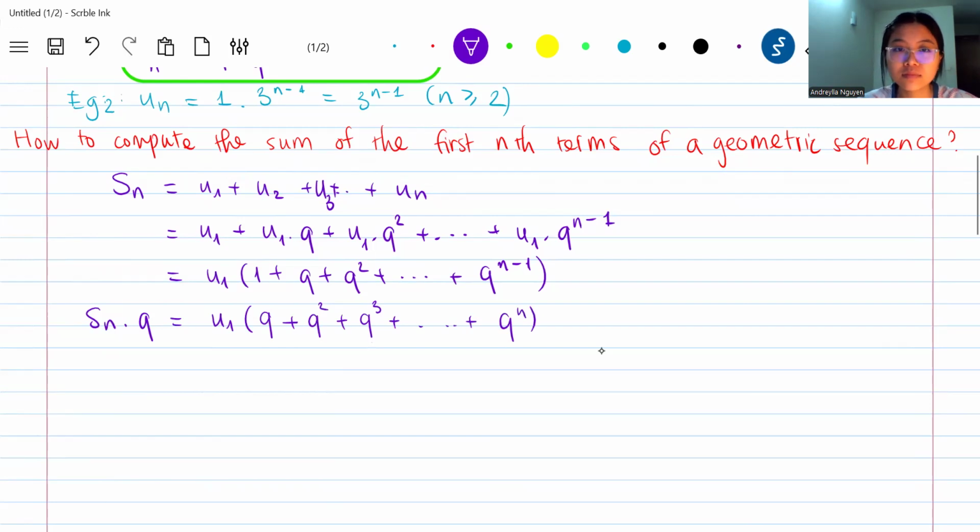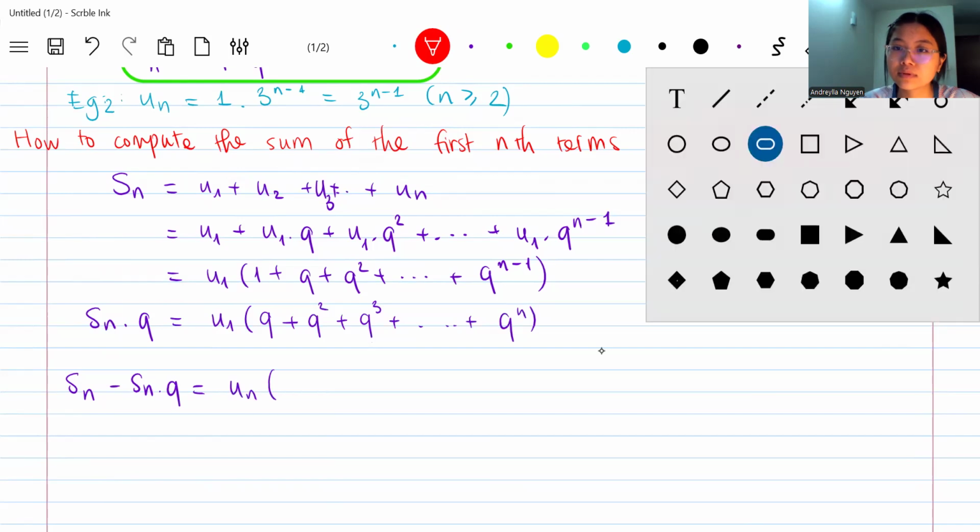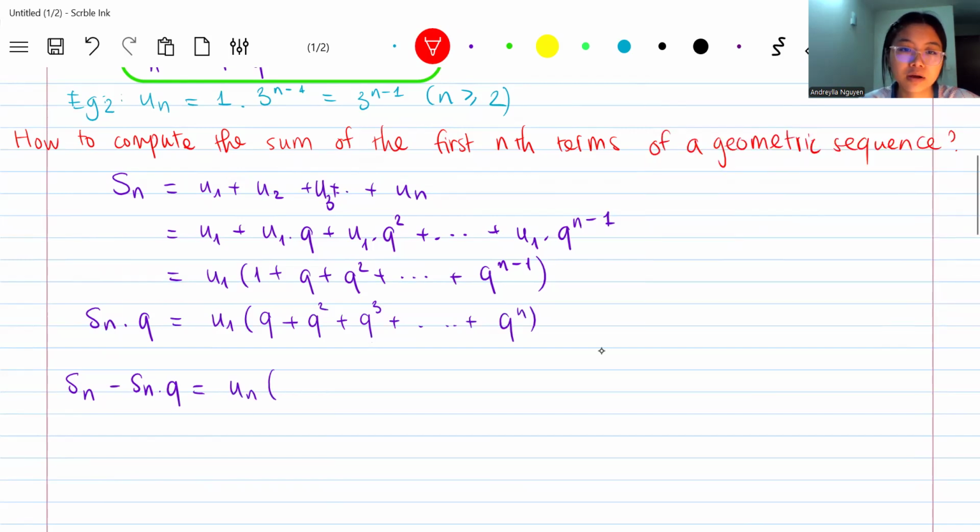In the next step, we compute Sn minus Sn times q, because we have the common factor u1. Beside that, I also have common terms in my first sum.